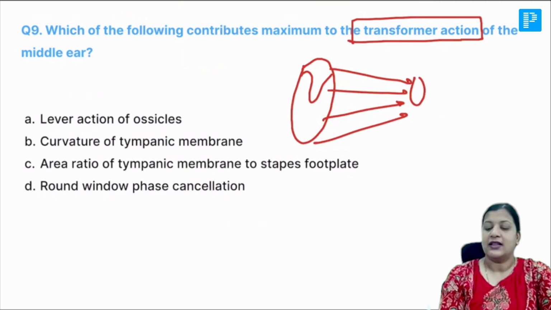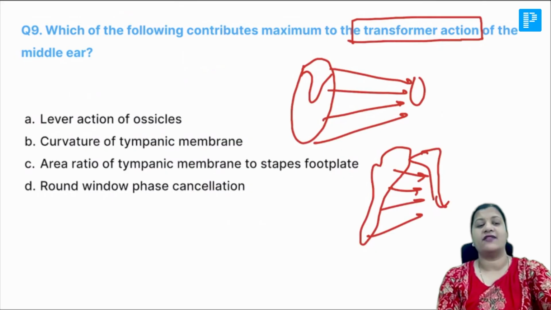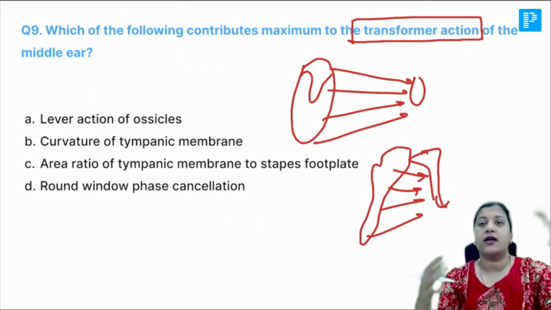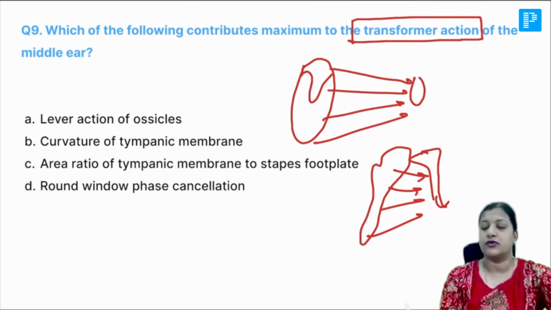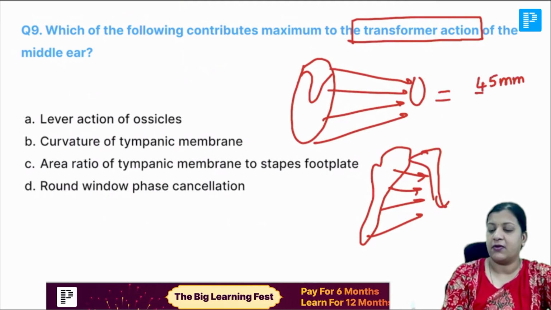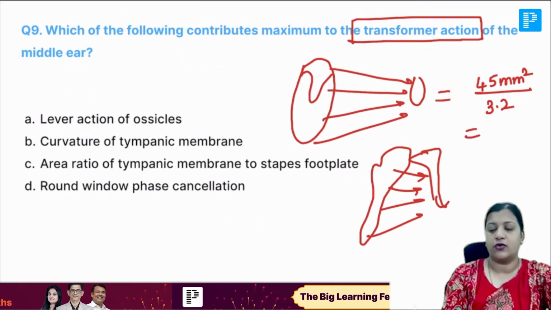This is one way. The second one is the lever ratio, where you have the ossicles, malleus and incus, where the sound travels from a larger ossicle to a smaller ossicle, helping in more condensation of the sound waves. Now, what is the difference in the amount of effect that it produces? Here we see that the effective vibratory area of the tympanic membrane is 45 mm². Footplate area is 3.2 mm².